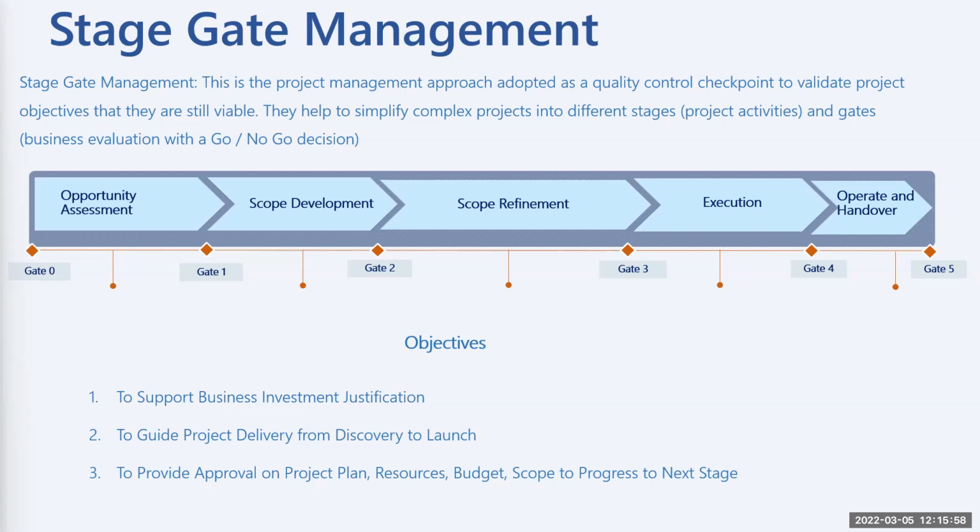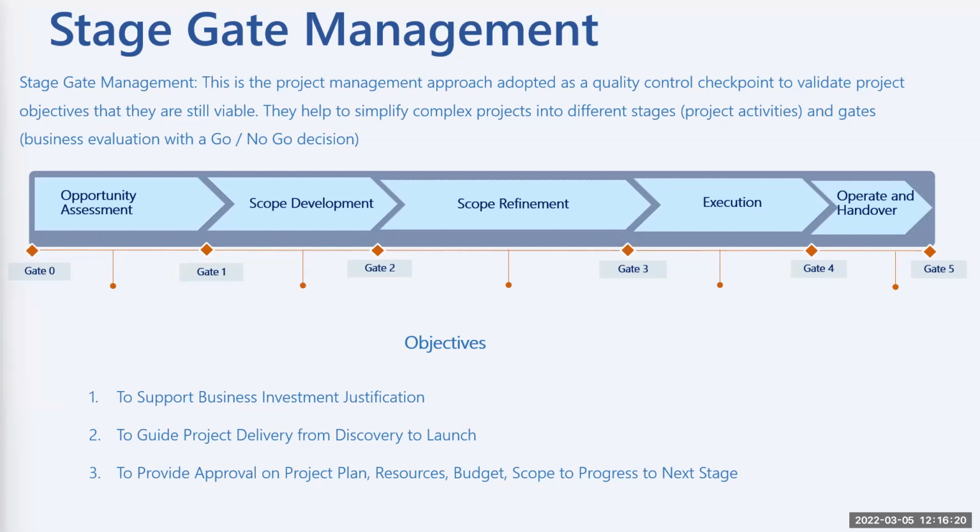And as a PMO, you come in to help with this process, to make sure that the process is robust and that the agreed objectives or deliverables for each of the phases are being followed by the project team. So you have different phases.